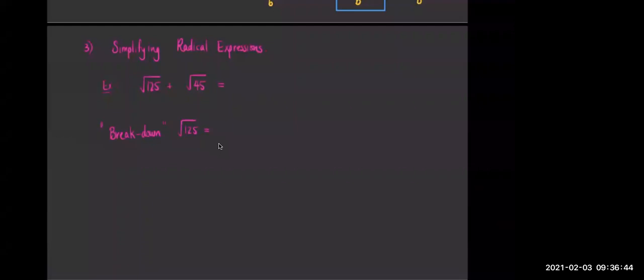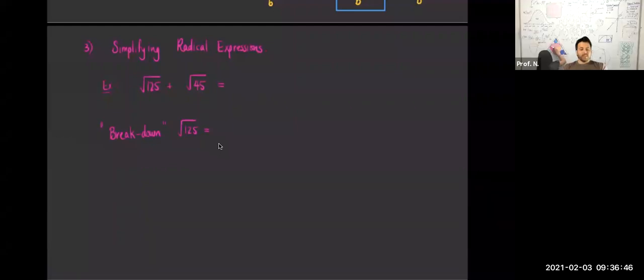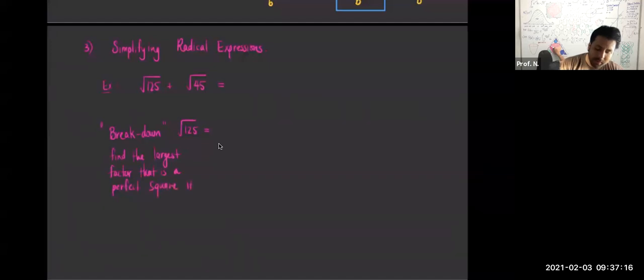Right. See, now we're talking. We have to find two numbers, or what are called factors of 125, but we have to see which one of them has a perfect square, and we want to get the biggest perfect square. So to break down radicals, you want to find the largest factor that is a perfect square number.